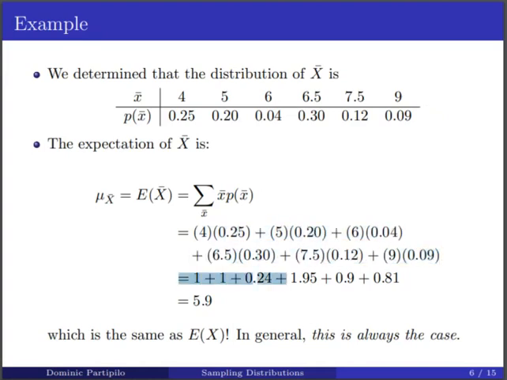And if we do all this arithmetic here, then we come up with 5.9. And that should look familiar to you because this was the same as the expectation of X. This was the mean of X. So in general, this is always the case. The mean of X bar is just going to be the same as the mean of X.